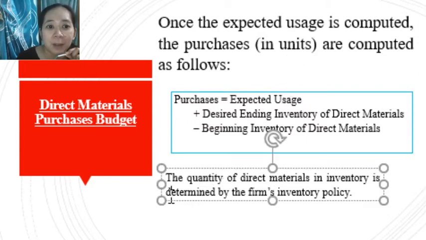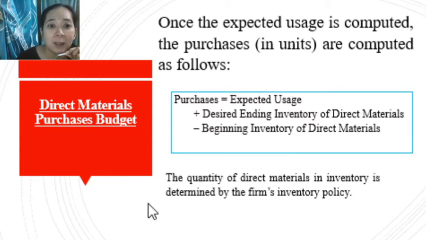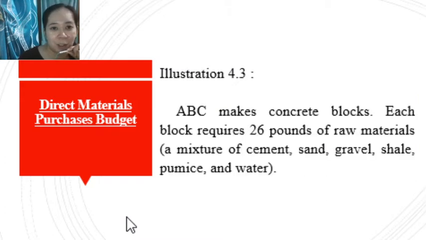We also have to take note that the quantity of direct materials in inventory is determined by the firm's inventory policy, the same as under the production budget. So depending on the policy that they follow, that is what we have to apply in solving for the direct materials purchases budget.